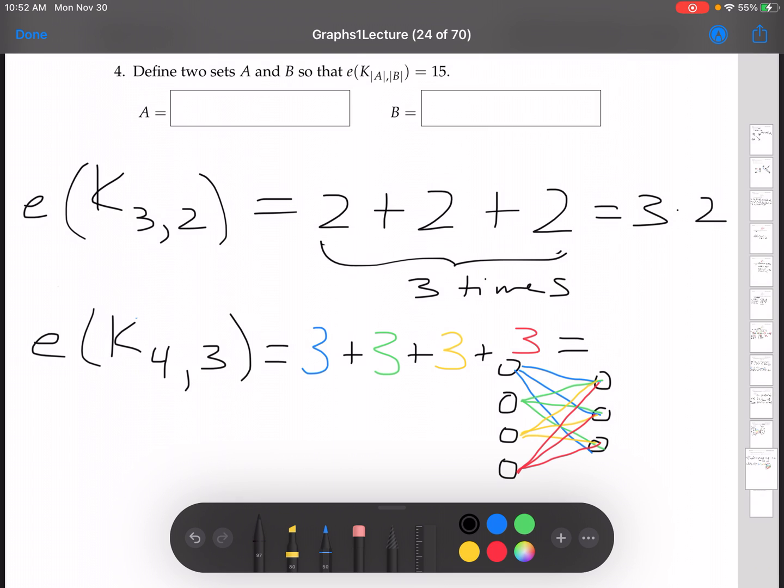So it's 3 connections, 3 connections, 3 connections, 3 connections. So it's 3 connections 4 times. That's 4 times 3.